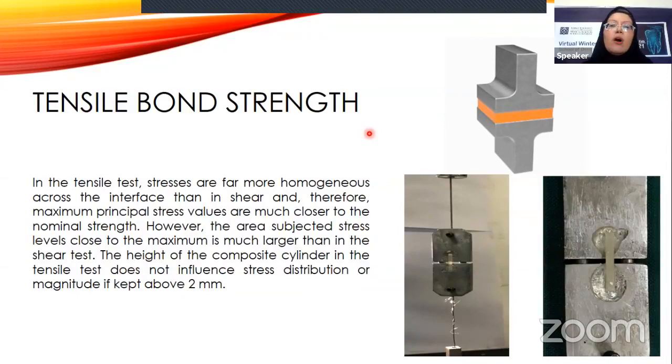So overall, between the micro and the macro test, the macro one is preferable, and between the tensile and shear, the tensile is better. So in my opinion, the macro tensile bond stress is the best one.